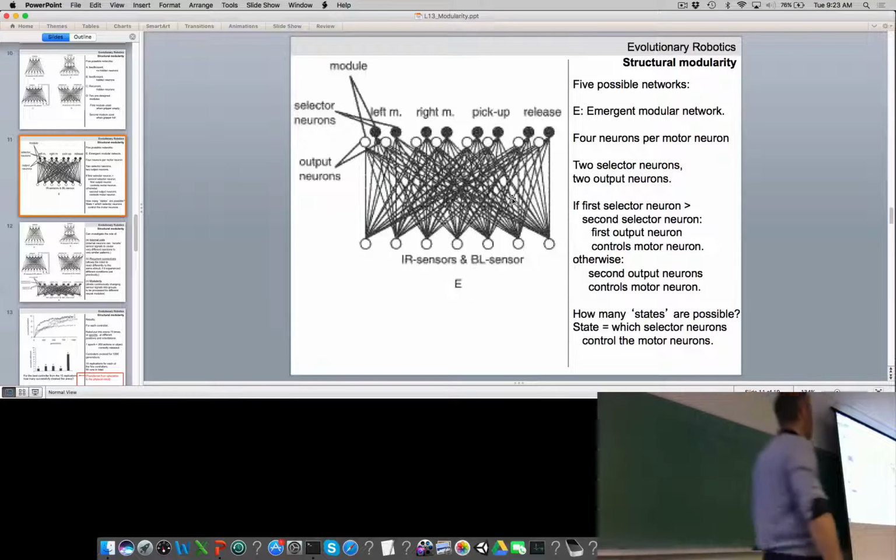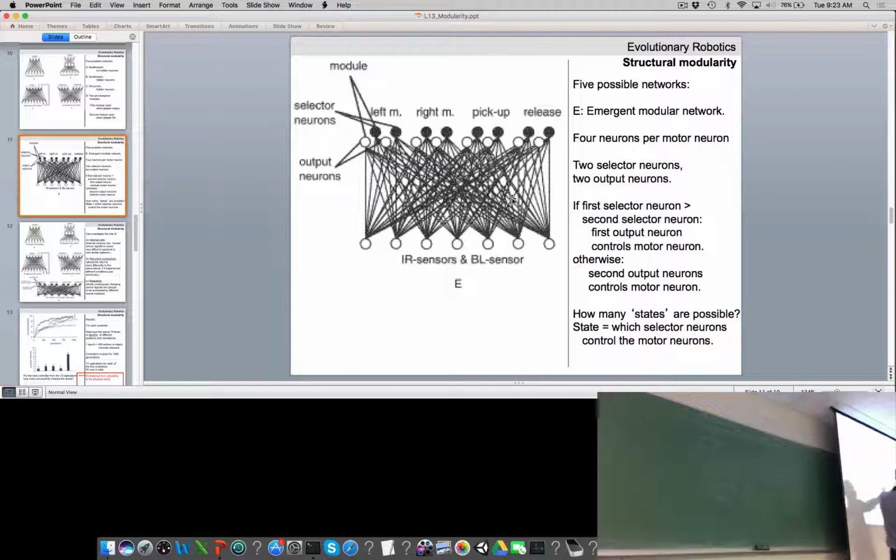Let's go back to this picture for a moment. Let's imagine that a robot evolves and does perfectly fine at the task. It picks up all the sugar cubes and drops them outside the arena, but there is never a switch between output neurons. Let's say in this network that succeeds, it only ever uses this neuron, this neuron, this neuron, and this neuron.